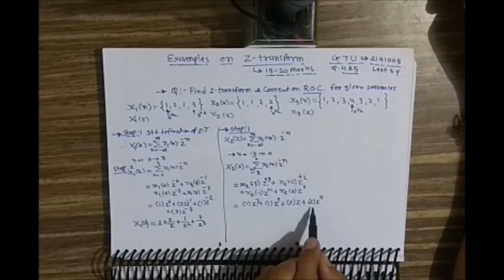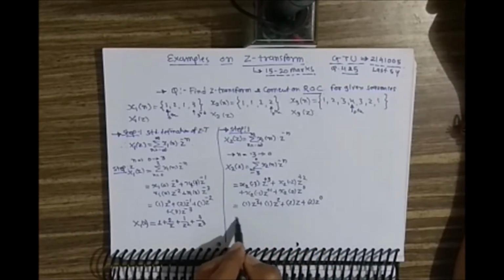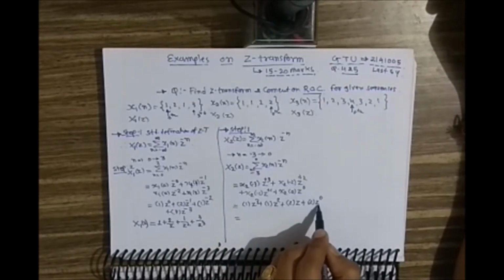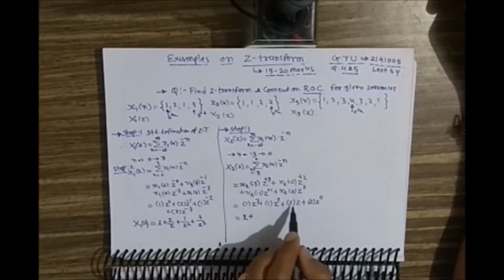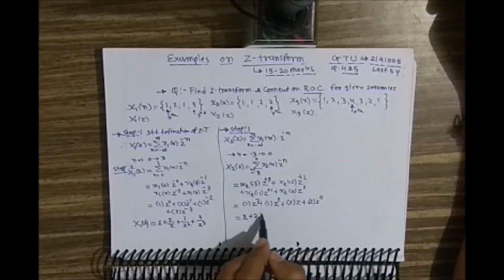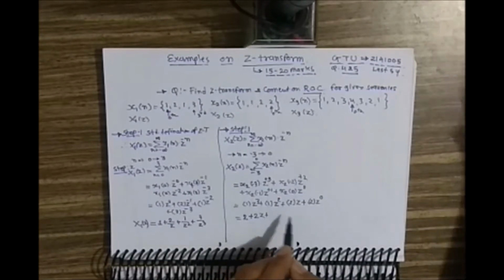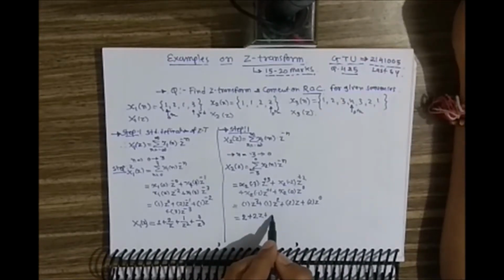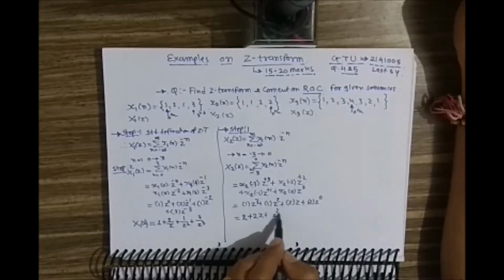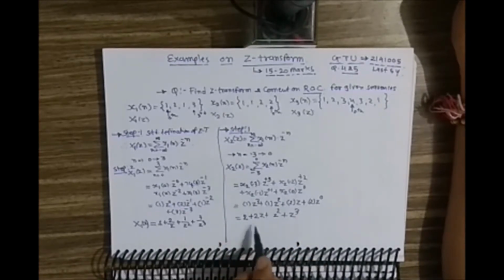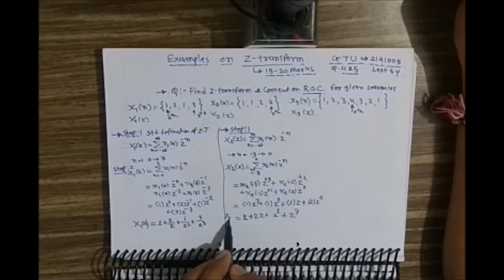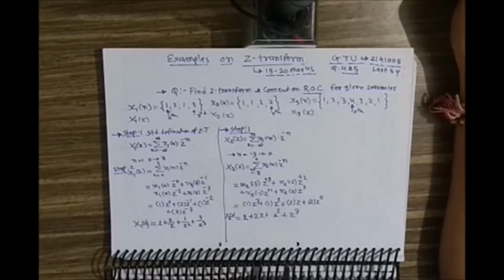If we write in the order of z power, the very first becomes 2 into z raised to 0, so it becomes 2 plus 2z plus z square plus z cube. So the incrementing power is z raised to 0, z raised to 1, z raised to 2, z raised to 3. It is the final answer of x2 of z.